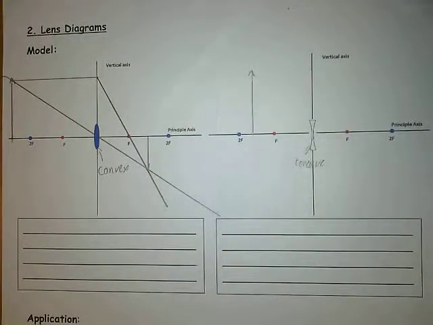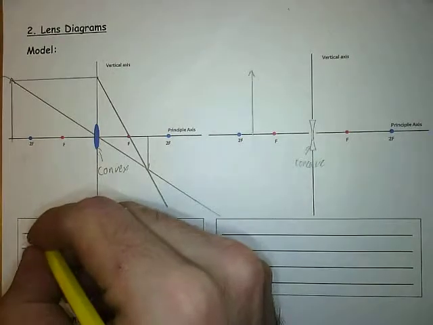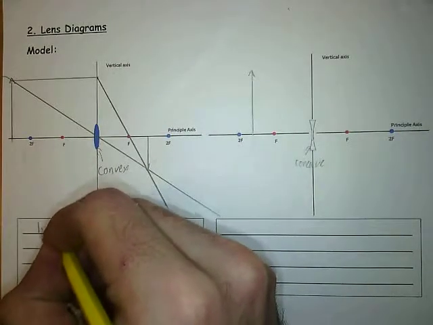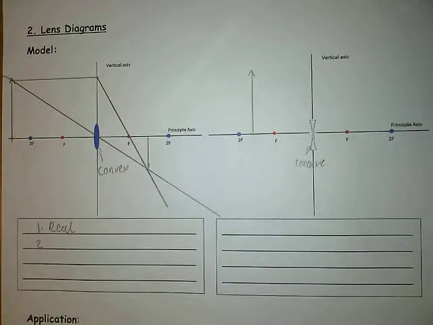So, three things we need to do when talking about the image. First thing, is it real or is it virtual? For this one, because it's on the other side of the lens, it is real. So number 1, it is real. Number 2, is it magnified or diminished? Well, you can measure them if you want.